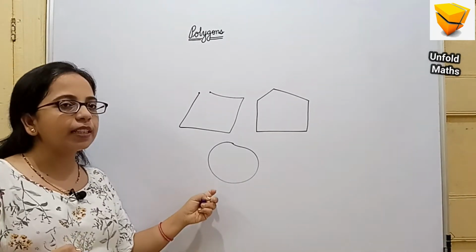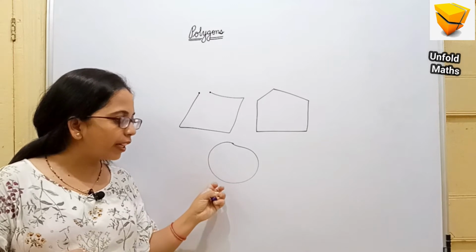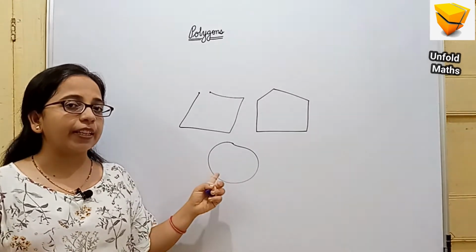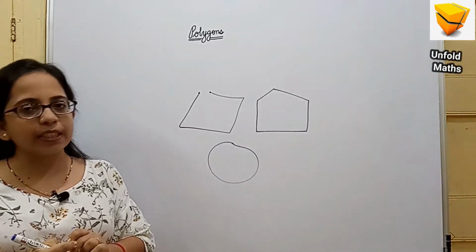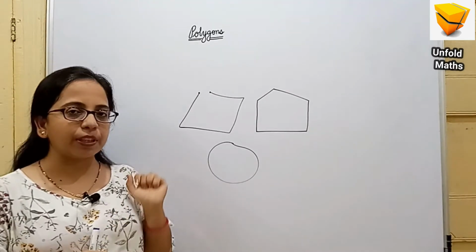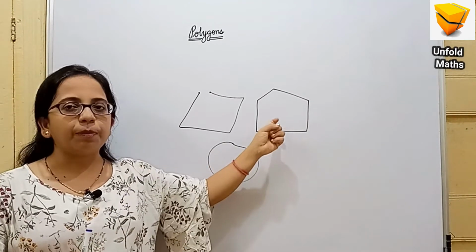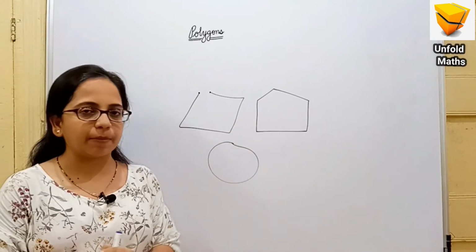But since it is not made up of line segments, we cannot say that this figure is a polygon. So two conditions are to be satisfied for a figure to be a polygon. First, it should be closed. Second, it should be made up of line segments.